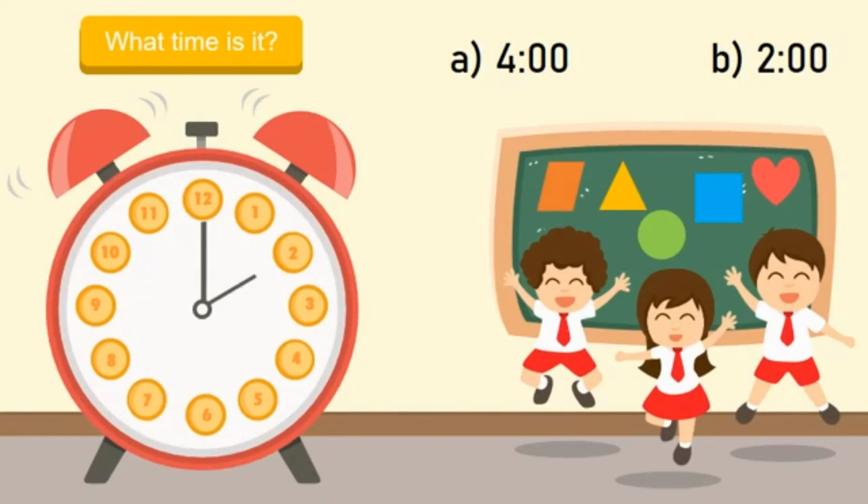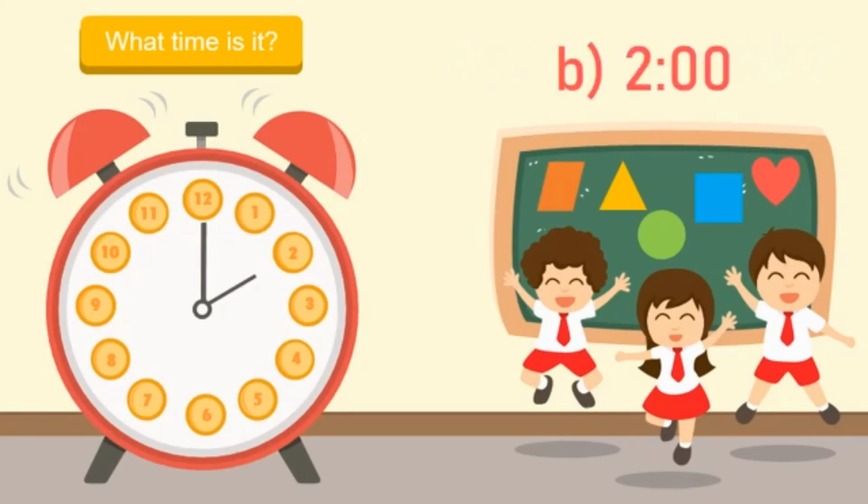Our first clock is showing the short hand pointing to the number 2, and the long hand or the minute hand is pointing to 12. So, is it A, 4 o'clock? Or is it B, 2 o'clock? If you said B, 2 o'clock, you are correct.